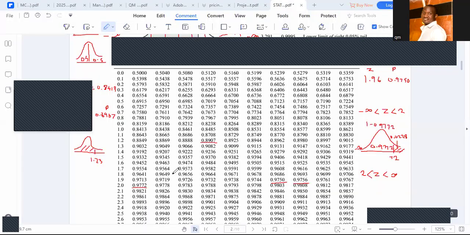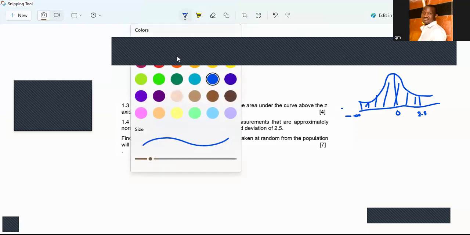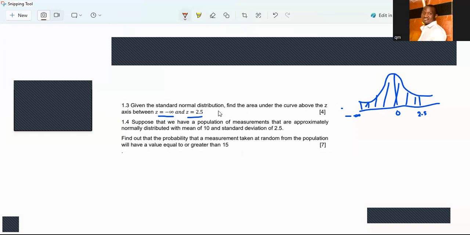For 2.5, read direct. So what is the direct reading for 2.5? 0.9938. Correct. So this reading is 0.9938. Is it clear?